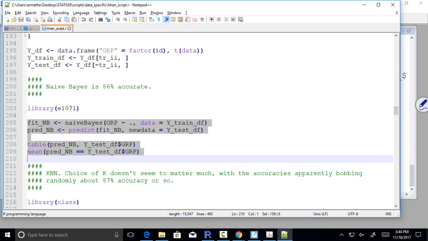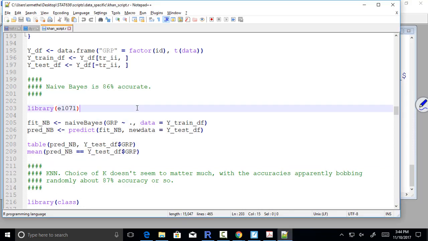For naive Bayes, in order to fit the naive Bayes model, we can use the naive Bayes function. And let's look at the syntax here. This is saying fit a model. R likes to specify model relationships with response tilde predictor.